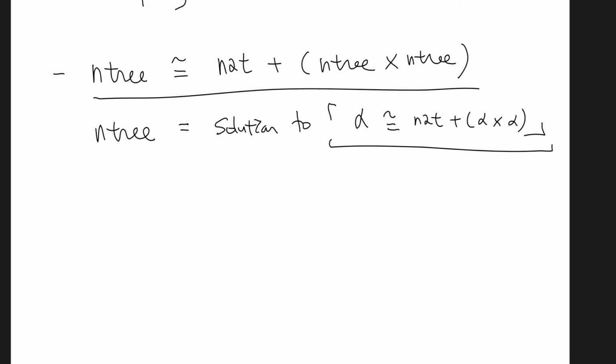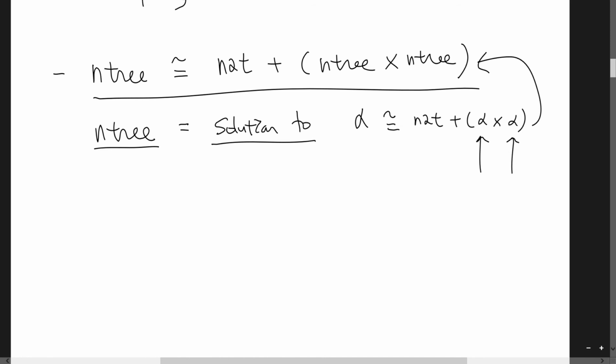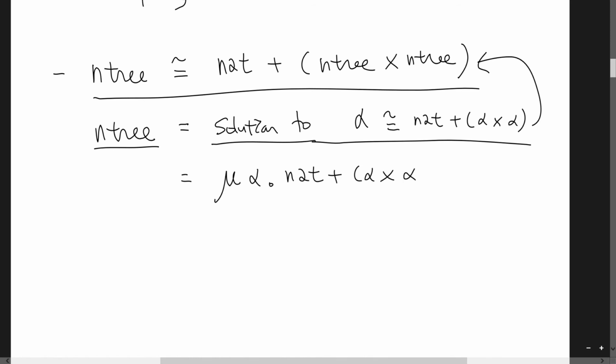And this makes sense because in this equation, if you substitute natural number 3 for alpha, then we go back to the original equation. So literally, natural number 3 is a solution to this equation. Now, let's introduce new syntax to denote this solution. The syntax is mu alpha dot net plus alpha times alpha.